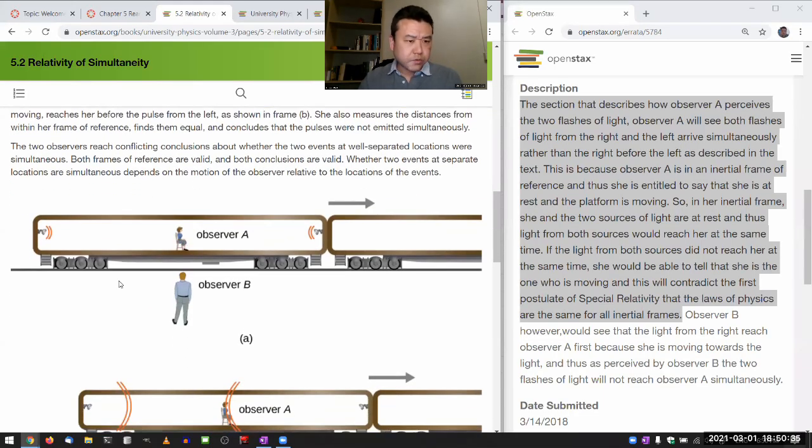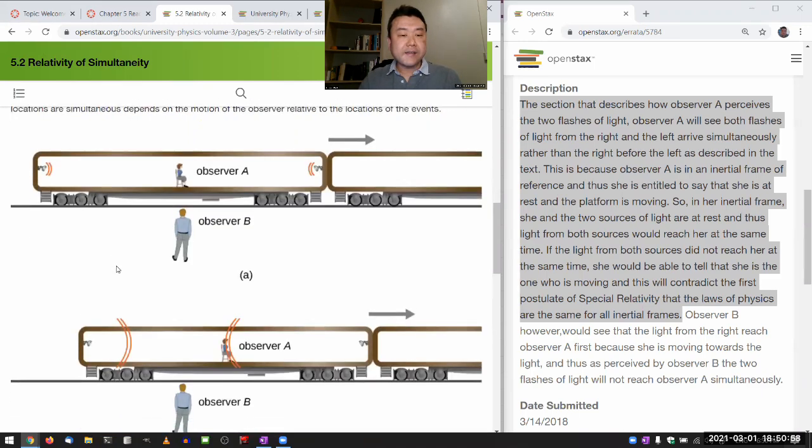So in this textbook description, they didn't quite describe in detail how these will be triggered simultaneously in observer B's frame. But you can think of a contraption that would do that. And so having been set up to flash simultaneously in this frame, that's what they did.